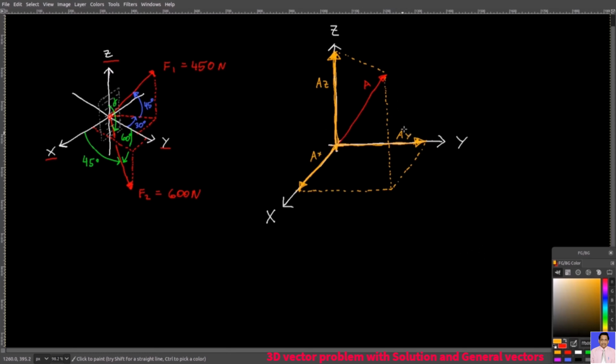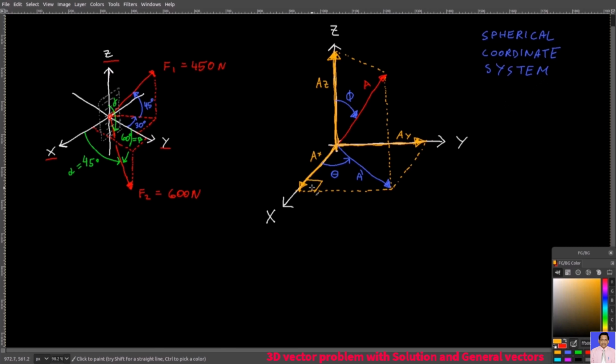Again, this is our A vector here, but instead of describing it with a vector magnitude and the three coordinate direction angles that we had here, alpha, beta, and then gamma, I can instead describe it with a vector magnitude A and two angles, theta, that goes from the positive x-axis until this A apostrophe, and phi, which goes from the positive z-axis until your A vector. In fact, this system is called the spherical coordinate system.